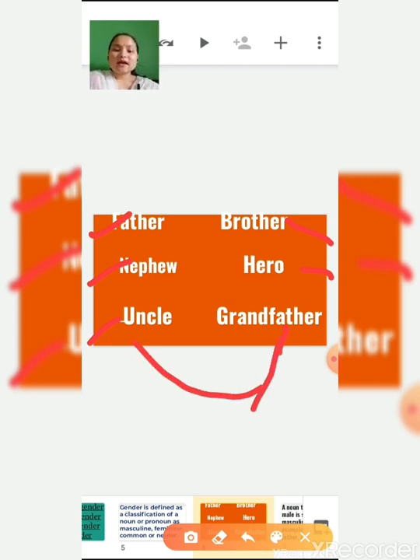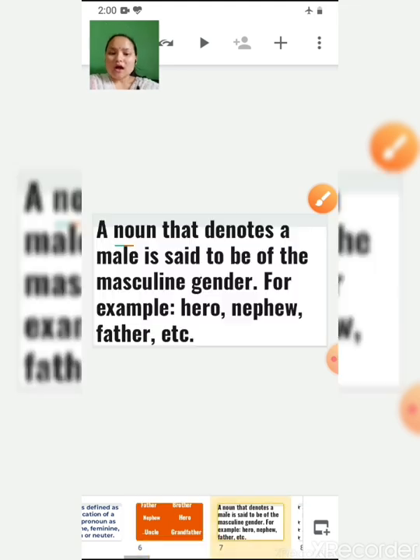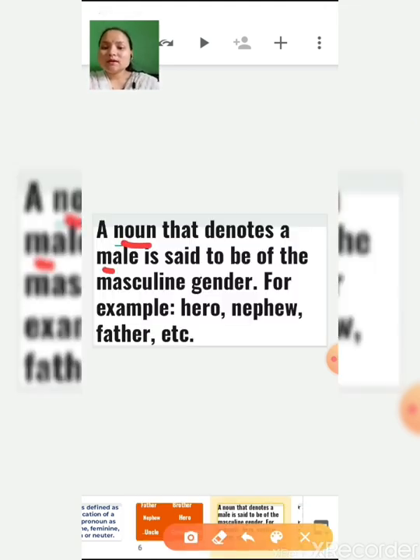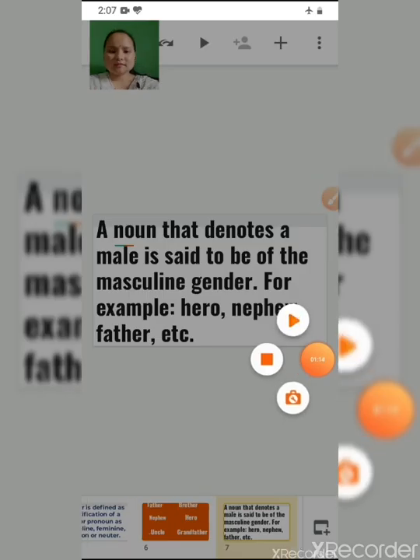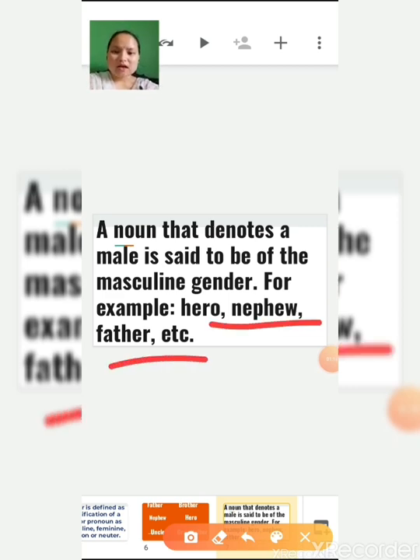All these words are denoting a male, right? A noun that denotes a male is said to be of the masculine gender. For example, hero, nephew, father, etc. These are some examples of masculine gender.